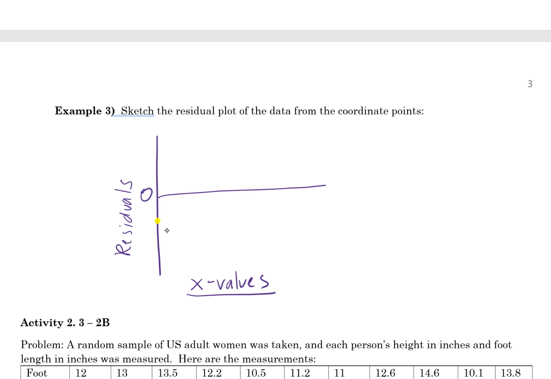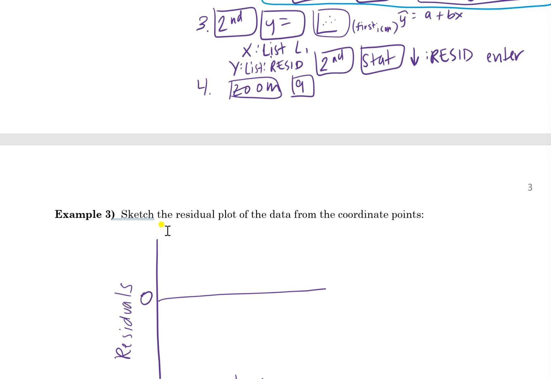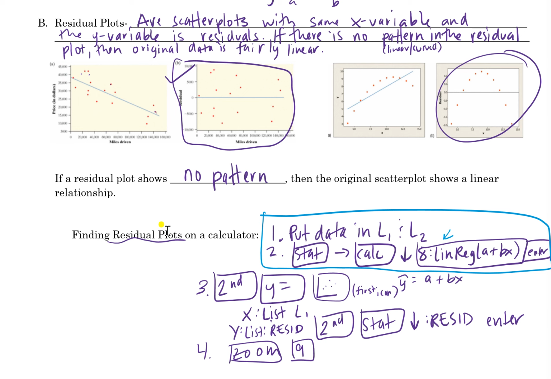Yeah, that's for 0. Because, again, if we have a good model, that means that half of the residuals are going to be above the line, which means they're going to be positive residuals, and half the residuals are going to be below the line of best fit. They're going to be negative. So that means in the middle, it must represent a residual of 0.